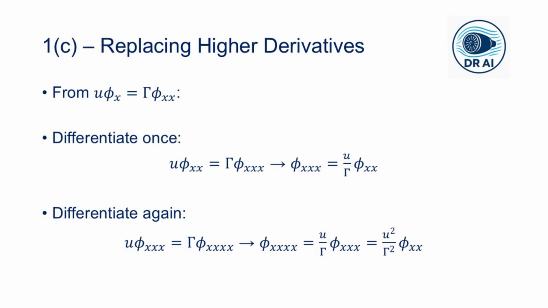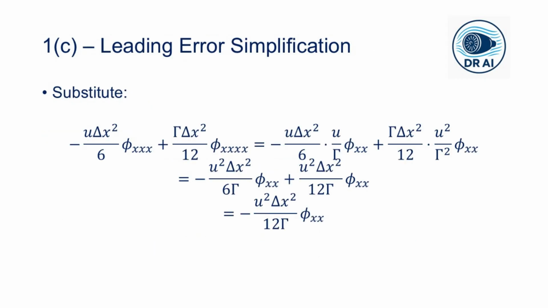Now we substitute these into the truncation error terms and take the combination, and we get the final relationship as displayed here. The first term becomes minus u squared delta x squared divided by 6 times the coefficient times the double derivative of psi with respect to x.